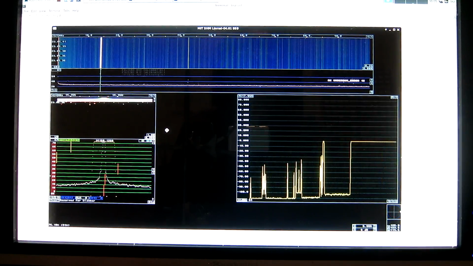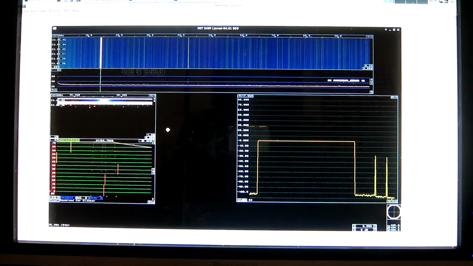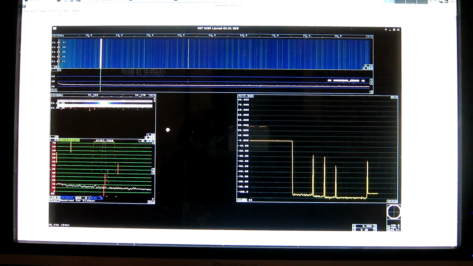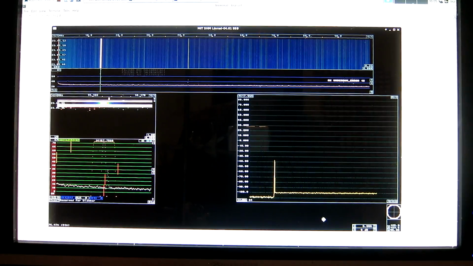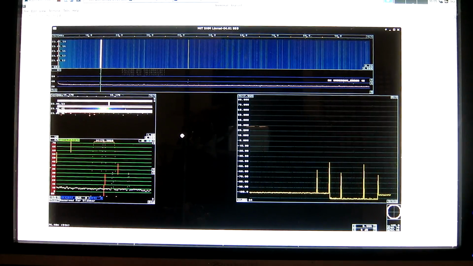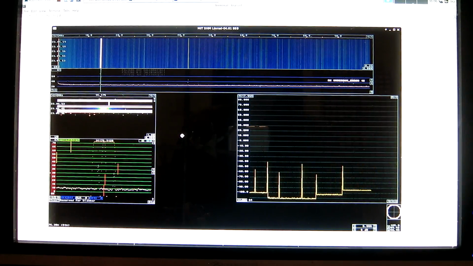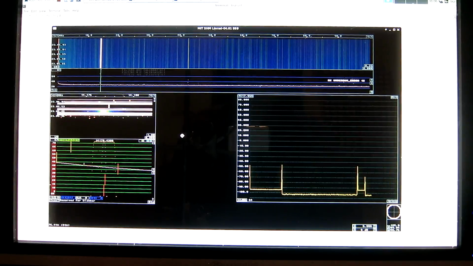Here is the signal at 0 in level. And here is a spur. It is minus 100 dB. Another spur, minus 100 dB.